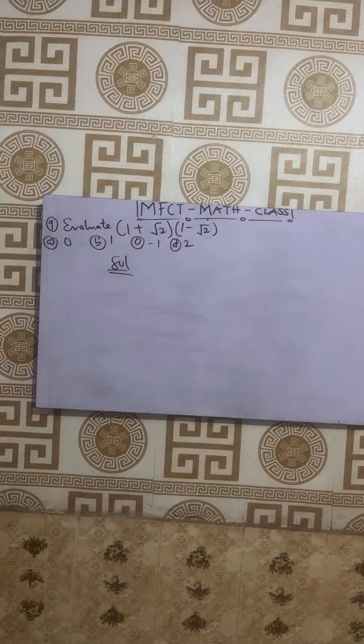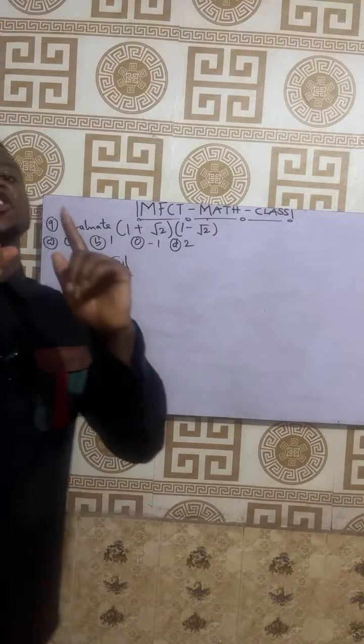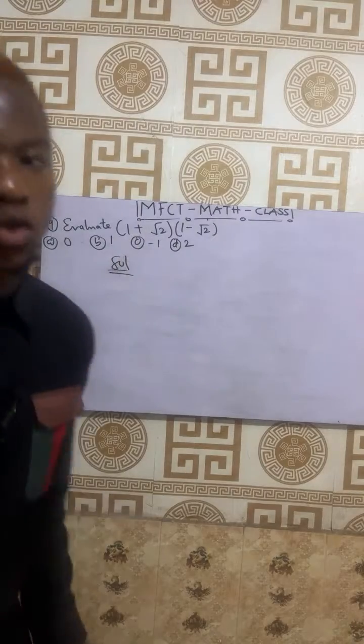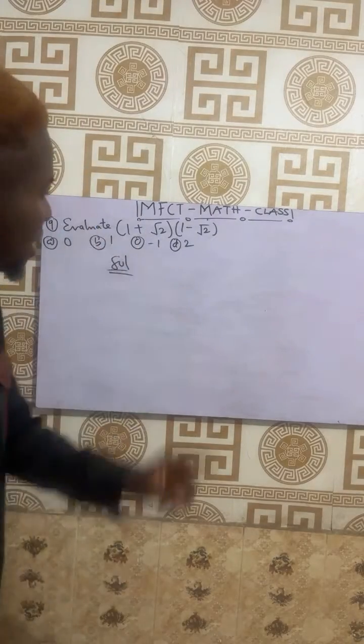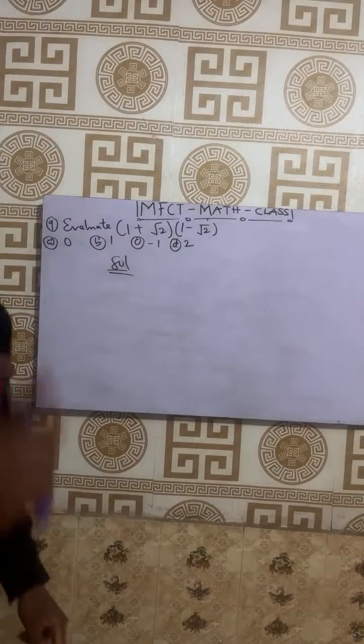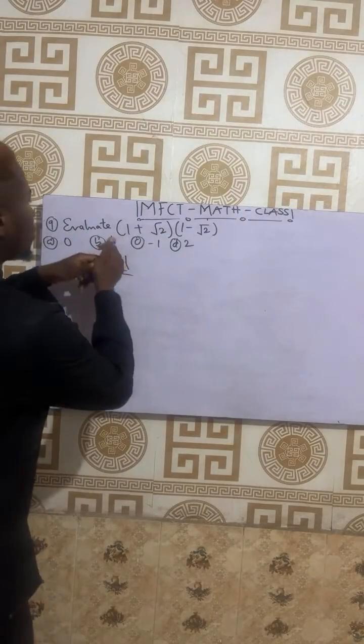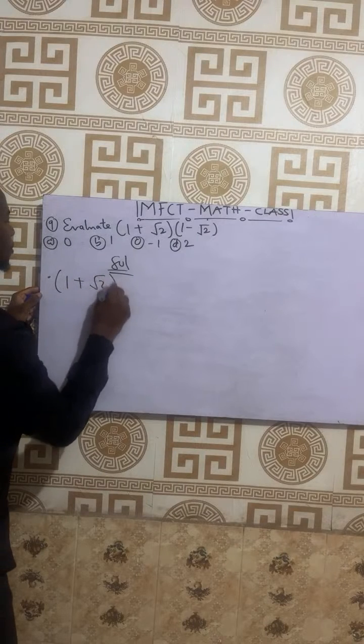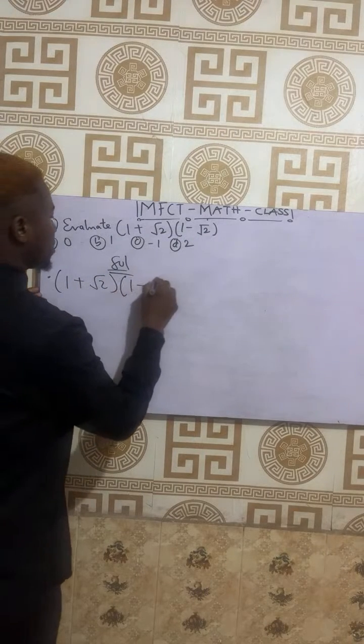Look at this question. Firstly, let me introduce this question to you before I give you the hints. The first thing you have in this question is that this question is a SURD. The second thing is that what we firstly have here is 1 plus root 2, and what we have here is 1 minus root 2.